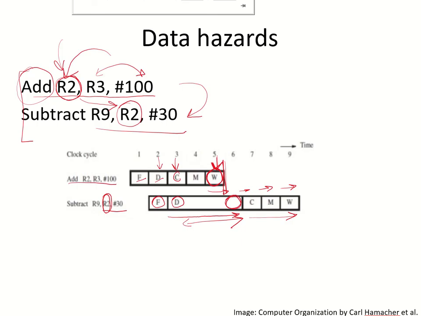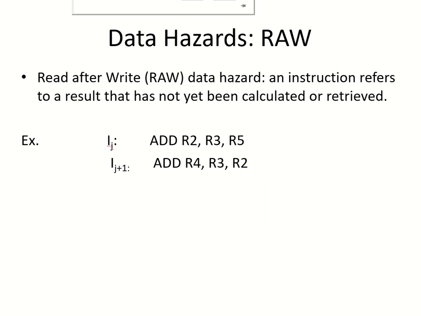There are different types of data hazards which can happen. One is the read after write data hazard, also referred to as the RAW data hazard.